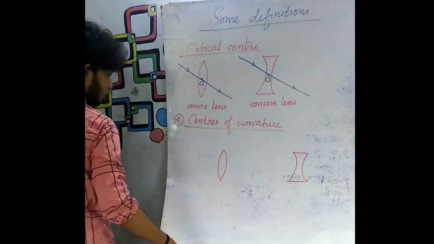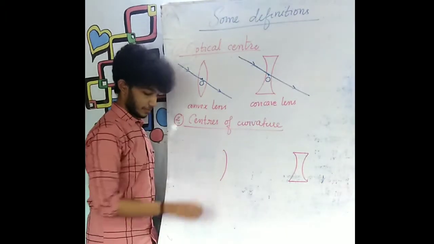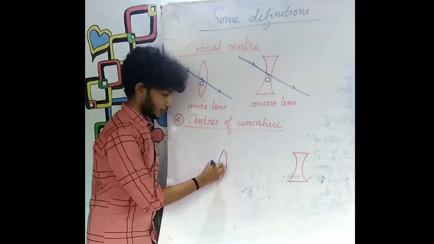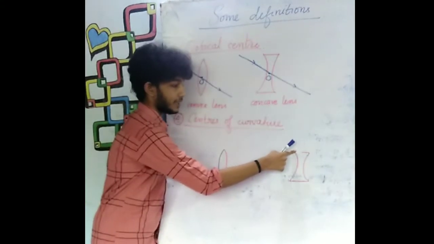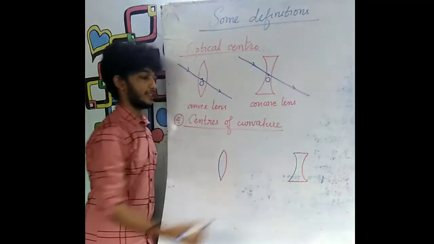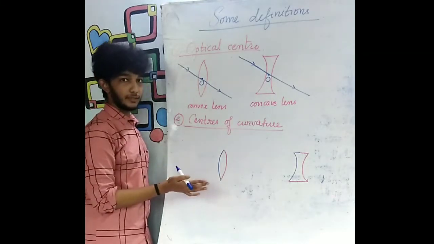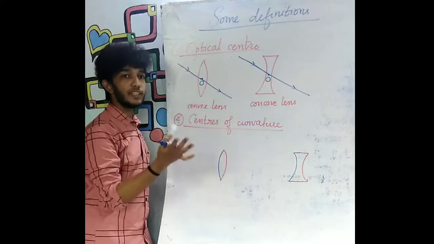Here, considering the convex lens, for simple understanding, let me make one of the surfaces blue in color. So this is a convex lens and this will be a concave lens. And this lens comprises two spherical surfaces. Each of these spherical surfaces will be a part of a sphere.